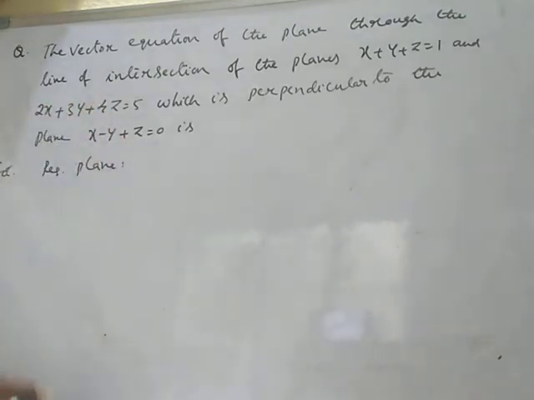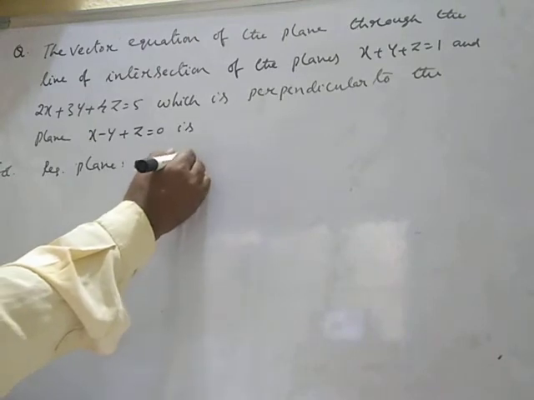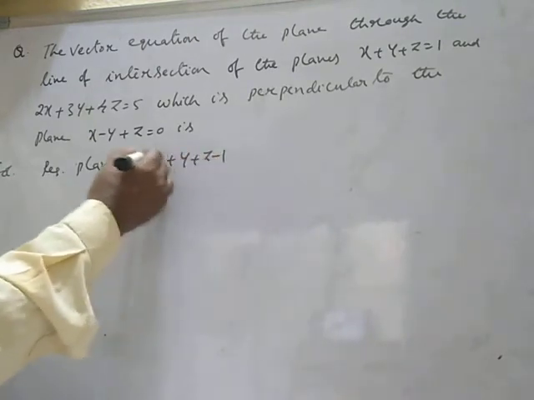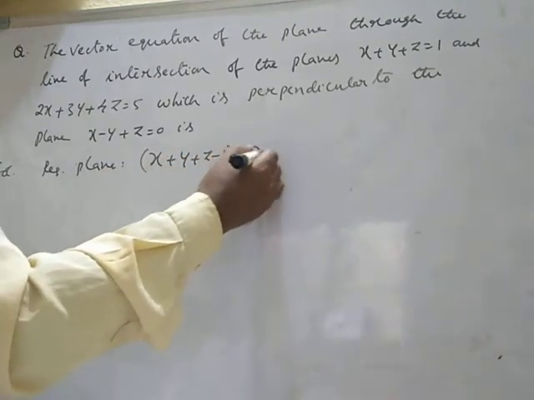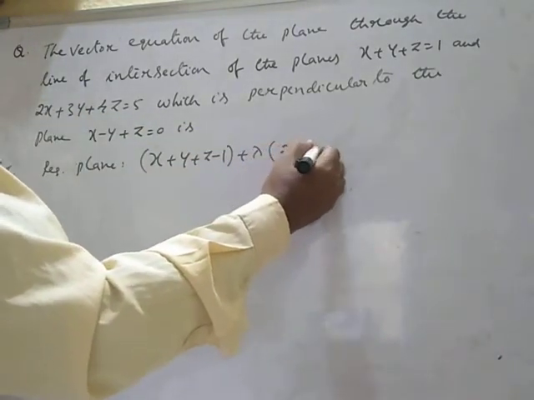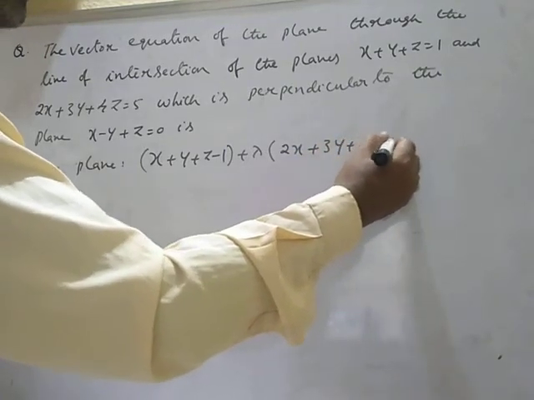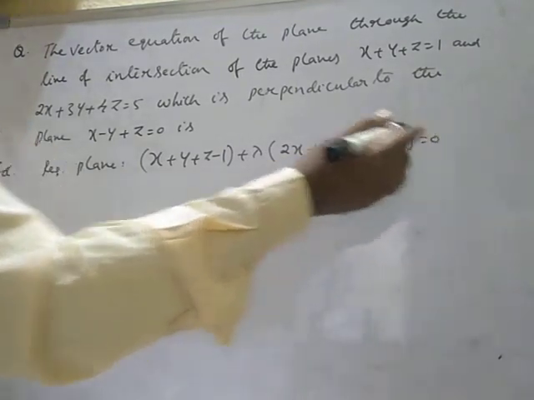So the equation of the plane passing through the line of intersection of the planes is of the form pi 1 plus lambda pi 2 is equal to 0. That means x plus y plus z minus 1 plus lambda into 2x plus 3y plus 4z minus 5 equal to 0.